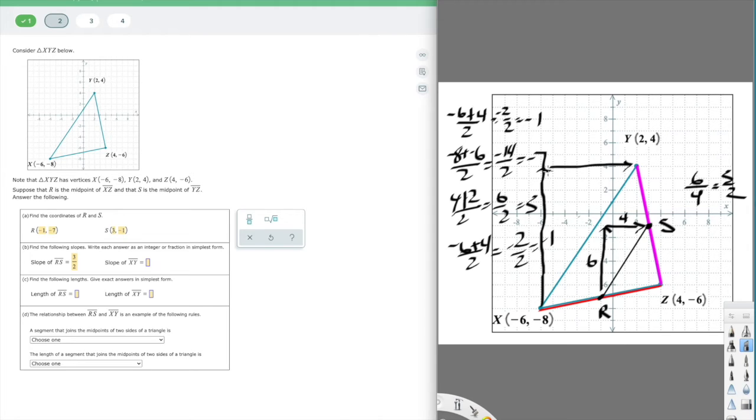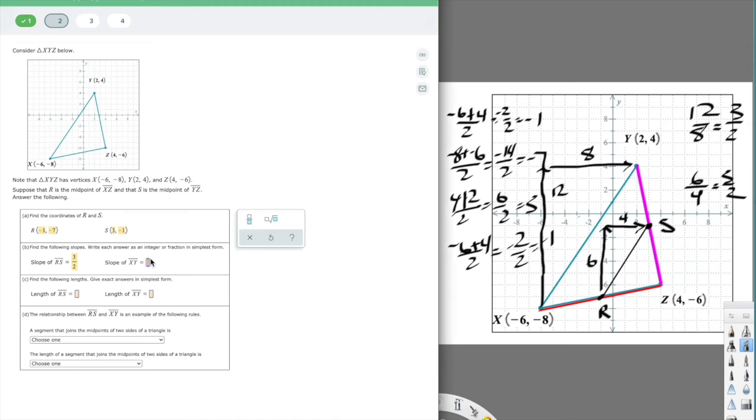So this is 12. And then for this one, it's 1, 2, 3, 4, 5, 6, 7, 8. So I have 12 over 8. If I reduce this, these divide by 4, right? So that's 3 over 2 again. So that's exactly what we were hoping to find, is that these slopes are the same. That's proving that these two lines are parallel.